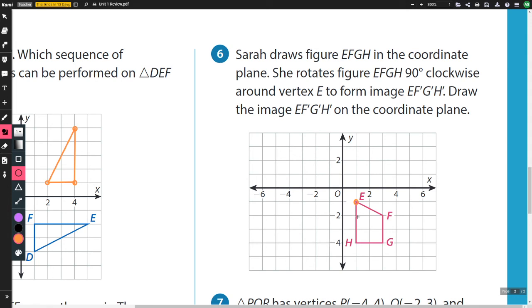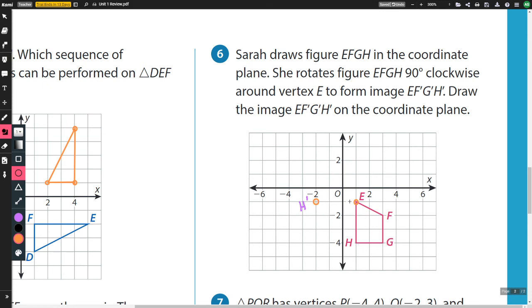And I know it's 1, 2, 3 down. And this one would be H. Now, G. From H, G is 1, 2.